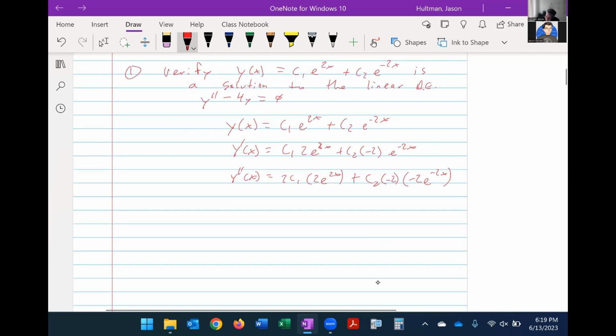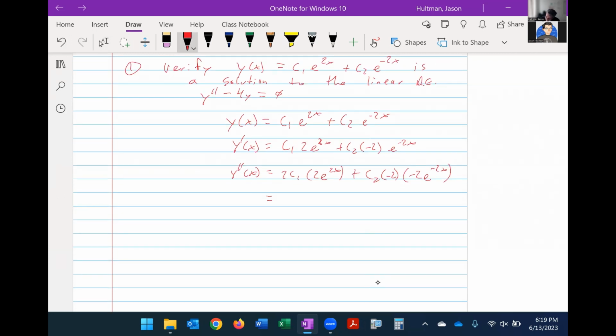So y double prime becomes 4c1 e to the 2x plus, the two negatives cancel out, 4c2 e to the negative 2x.